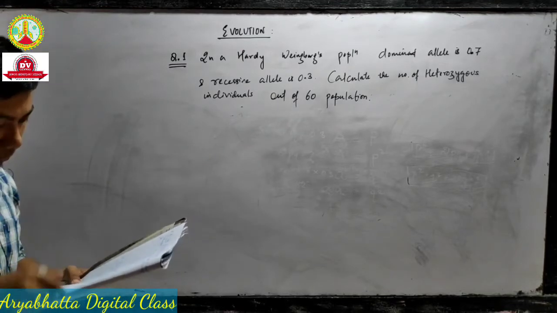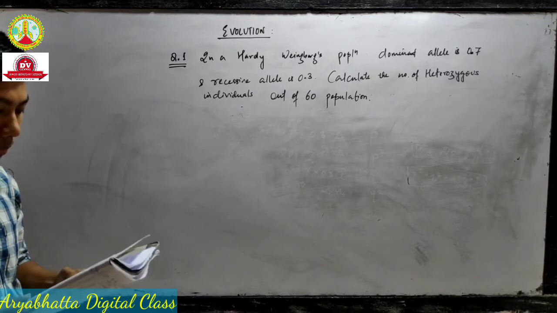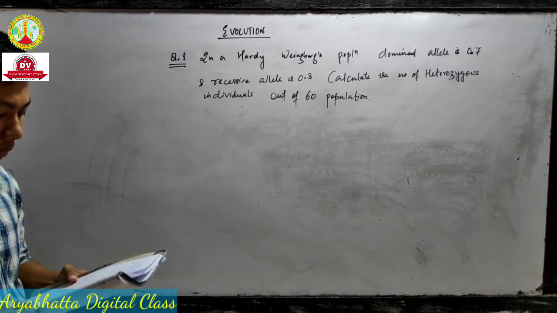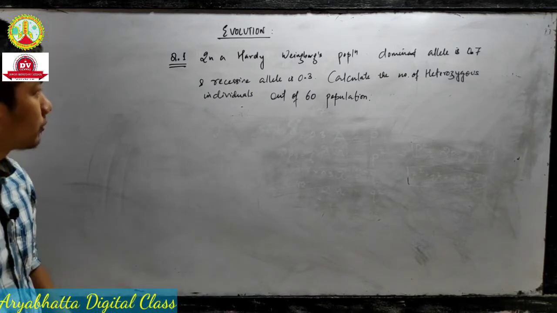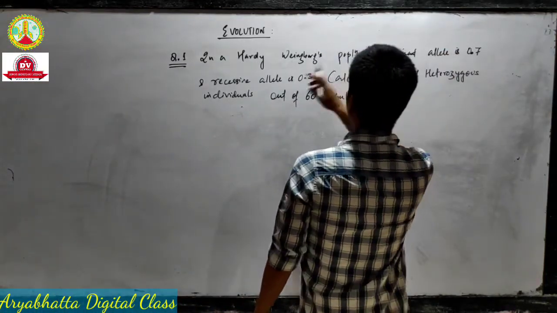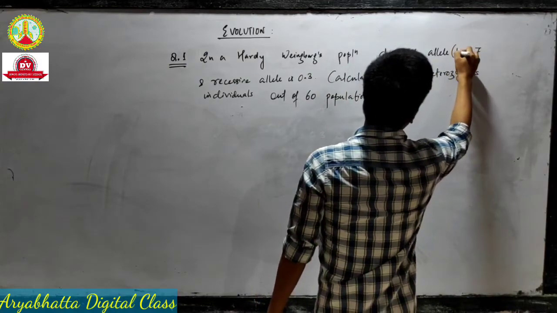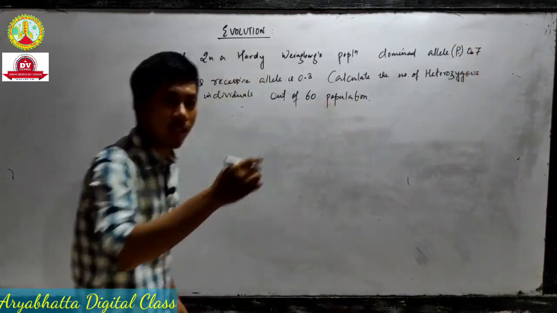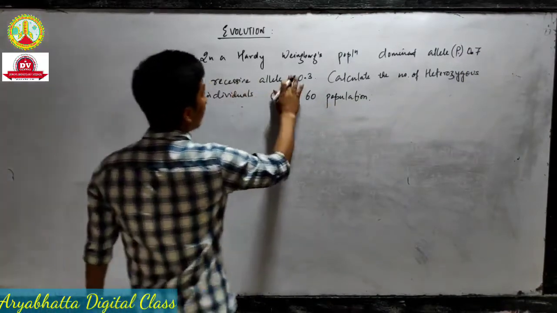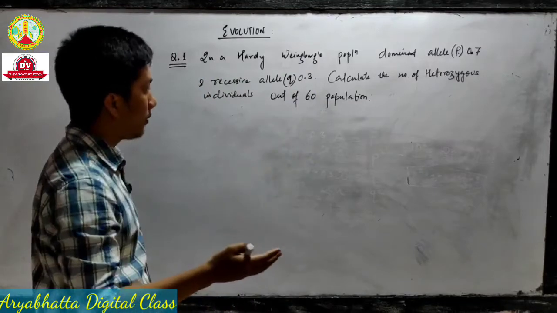Okay, let me write one question, otherwise you will get confused. Dominant allele P and recessive allele Q are given as these values.